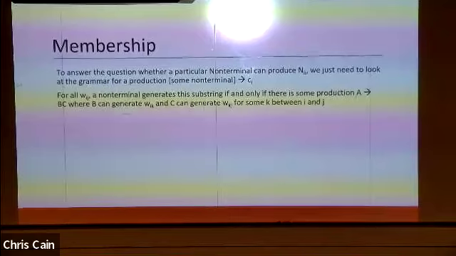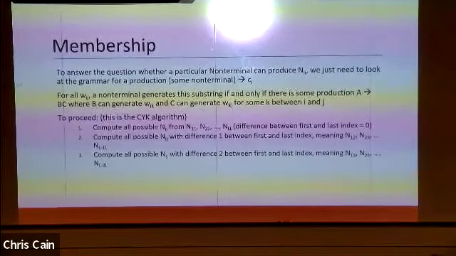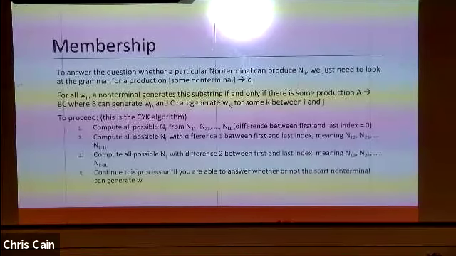So we're going to start with this first step. Compute all possible N sub i, which is N sub 1, N sub 2, all the way up to N sub capital L. That tells us whether we can generate substrings of length 1 with any of these productions.